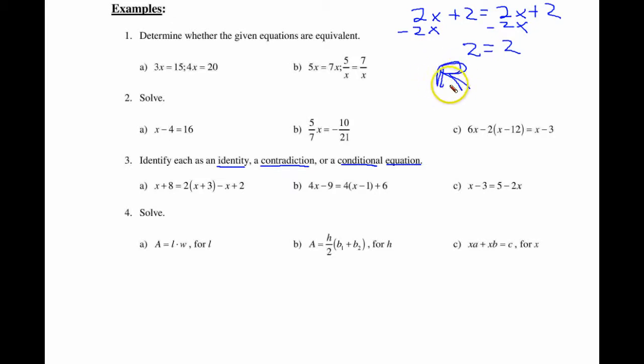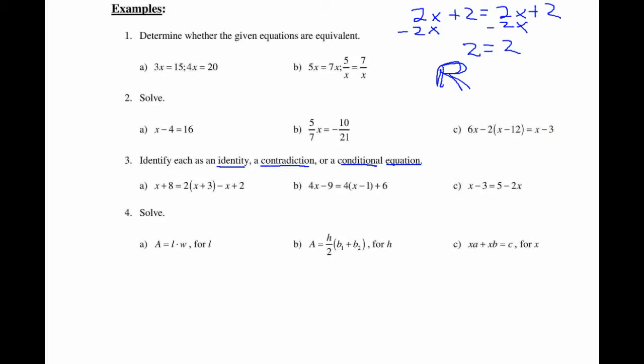And we just sort of double up on a capital R here to indicate all real numbers. Because whatever number you put there, if you put that same number here, that will be a true statement. And that's why this identity, the solution is all real numbers.